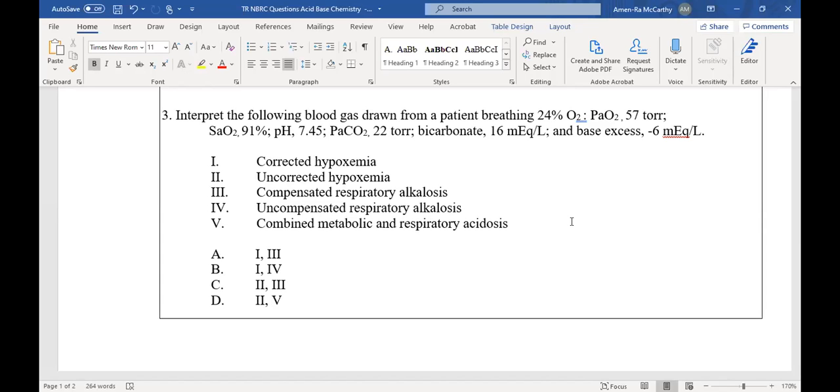So his compensation was enough to pull pH back into normal range, so that is completely or fully compensated respiratory alkalosis. So it looks like 3, compensated respiratory alkalosis, and uncorrected, so 2 and 3. The answer is C, like you said.